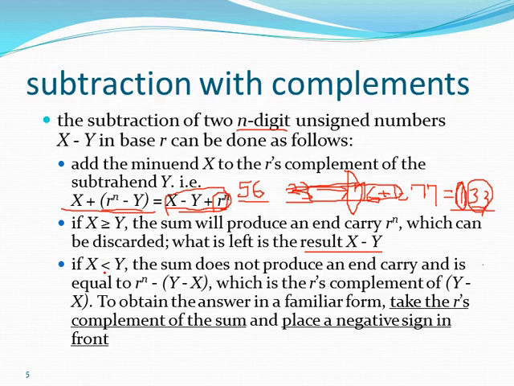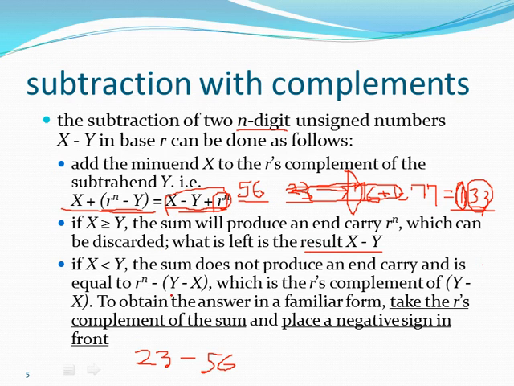However, if x is less than y, x minus y is negative, so this portion r to the n may not be exceeding the number of digits, so we should take care of that case differently. Suppose we want to do 23 minus 56, then x is less than y, so this case does not work directly as we did previously.